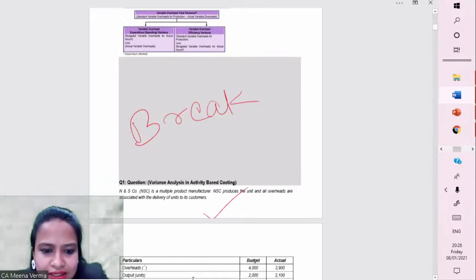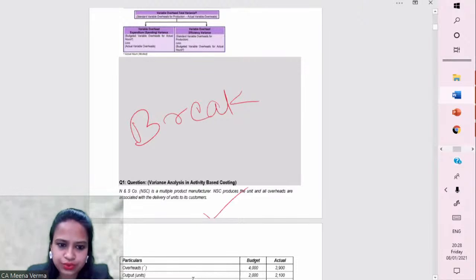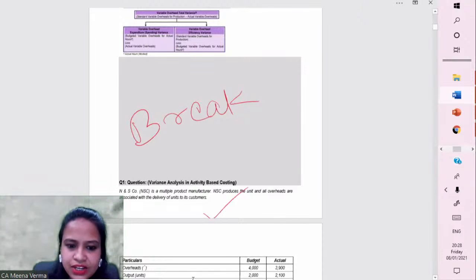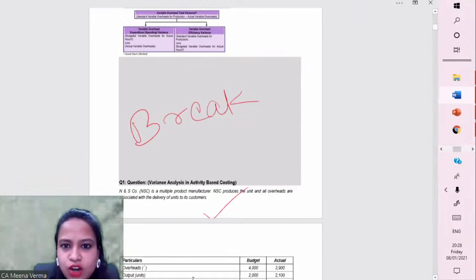Now, what is the standard activity for actual output? This is the actual activity for actual output, 19. What is the actual output? Actual output is 2100.